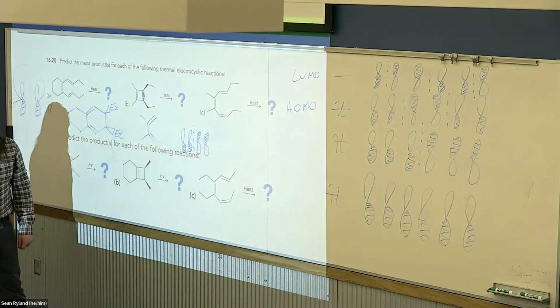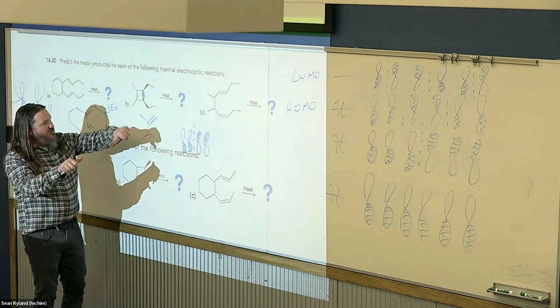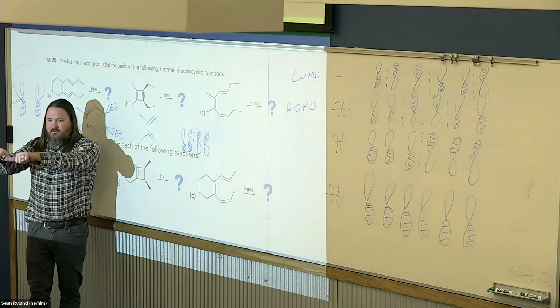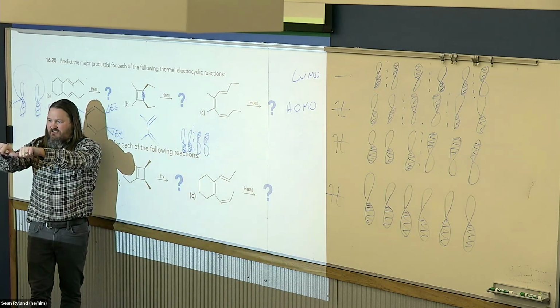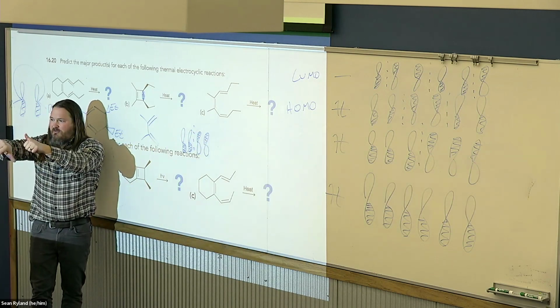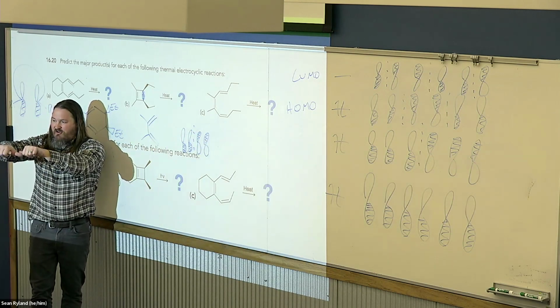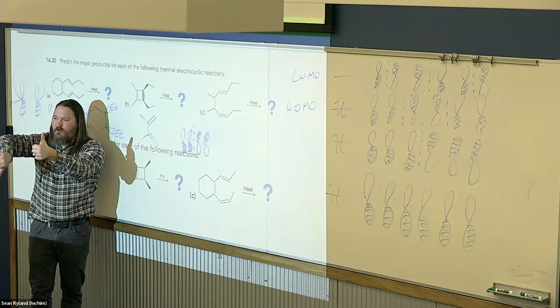So we're trying to make it look like that. And if we're starting with the shaded parts overlapping, and we want the shaded parts to be pointed in opposite directions, it's got to open by being, let's see, it's hard to visualize, but I think they're both counterclockwise, right? So that's conrotatory.